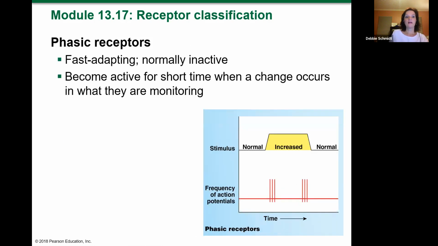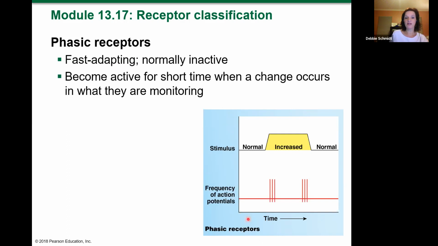Phasic receptors, though, are fast adapting, and they're normally inactive, meaning that they don't fire at all unless they get a stimulus. They're active for a short time when a change occurs in what they are monitoring.